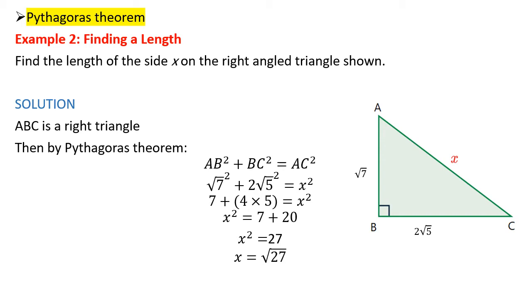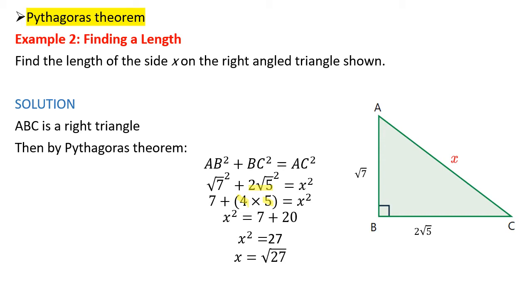We substitute each side by its value. Now this one, BC is 2 radical 5, squared. So the square applies to both 2 and radical 5. So 2 squared is 4, and for radical 5, the radical and the square cancel each other, so the answer is 5.